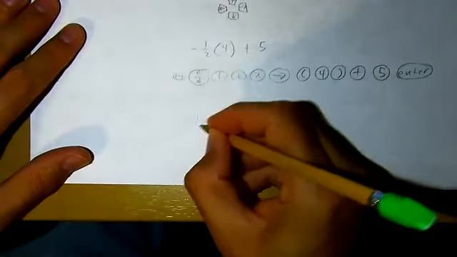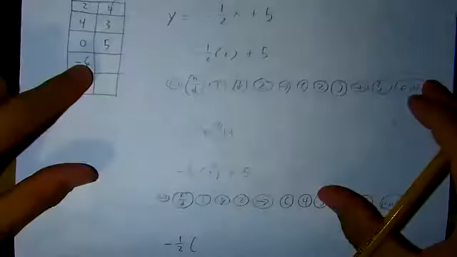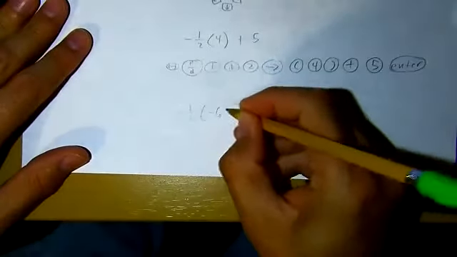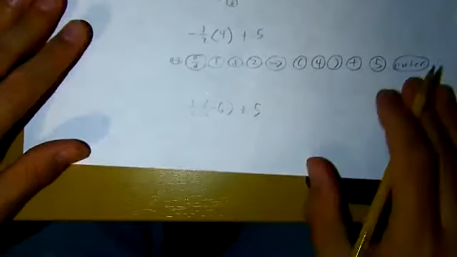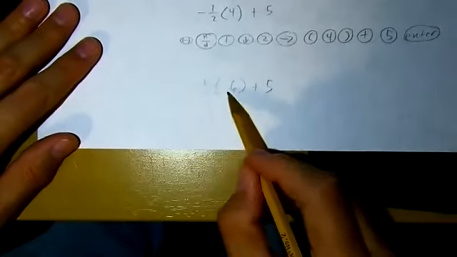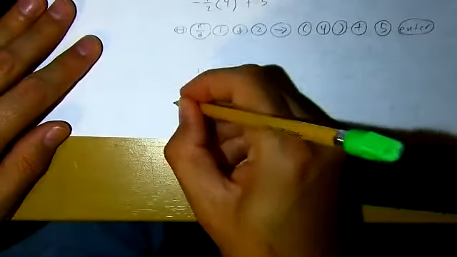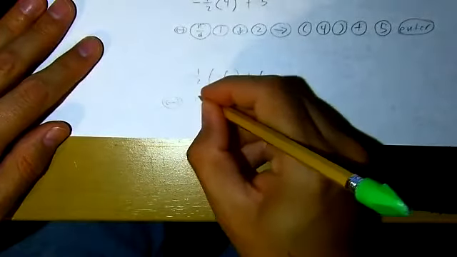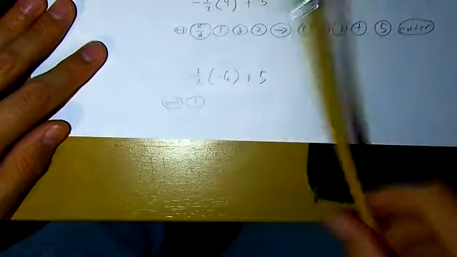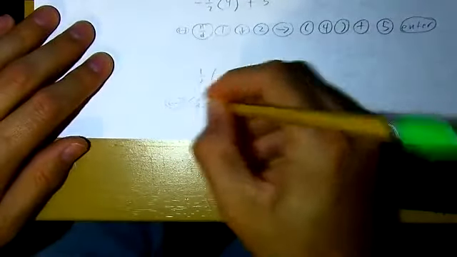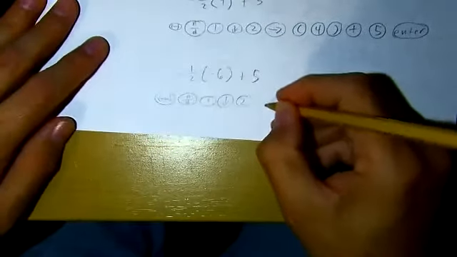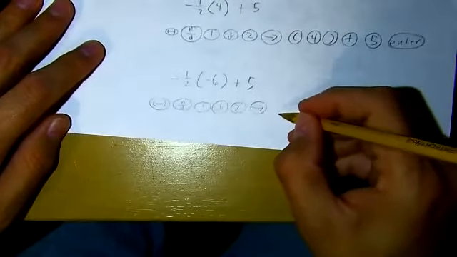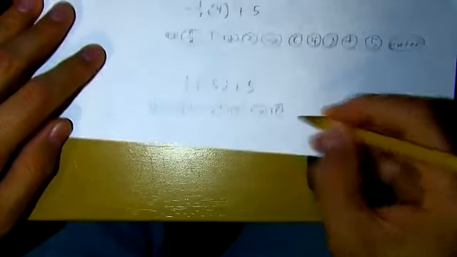So negative 1/2 again, parentheses. This time we're using negative 6 plus 5. So this time you've got 2 negatives, one here and one here. So you're going to hit negative, N over D, 1, down, 2, over, parentheses.